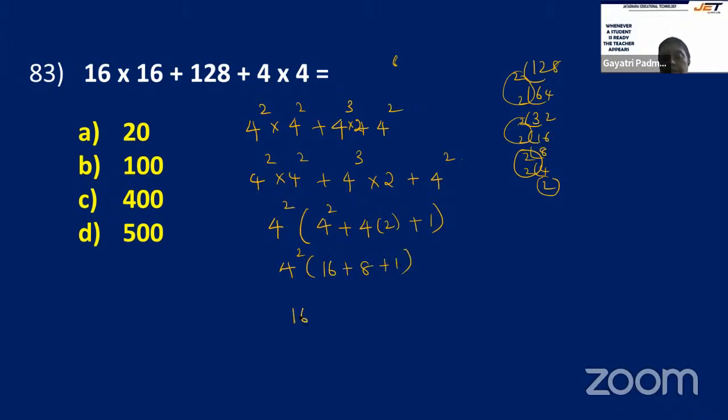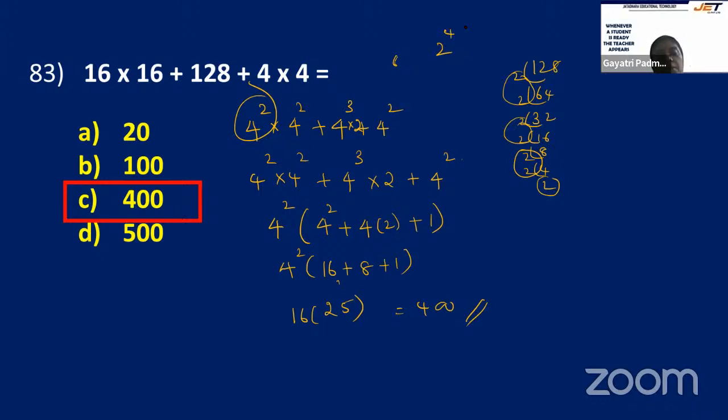So 4 fours are 16, into 25, so your answer must be 400. Any other easy method can also be adopted. Instead of 4, you can also try 2, as 2 to the power 4 is 16. Even 2 is easy for solving.